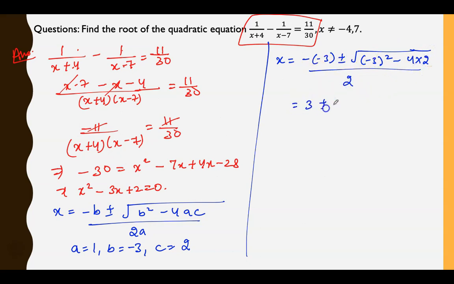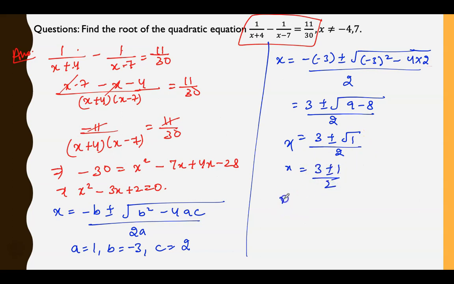That would be 3 plus minus root of 9 minus 8 upon 2, that is 3 plus minus root 1 upon 2. Now we can just solve it like that only, because root 1 is going to be 1 only. So 3 plus minus 1 upon 2, and now I think every student can solve it himself or herself, that is 2 and 1, and this is going to be your answer.